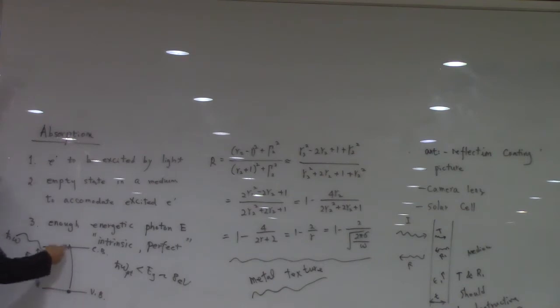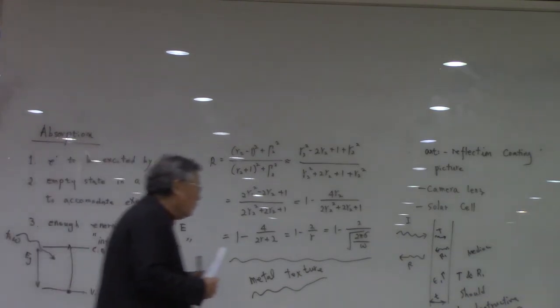That is sufficient because the band gap in a semiconductor is, in the silicon case, 1.12 electron volts, something like that. So the light can excite the electrons in the valence band to the conduction band, and by definition, if it is a semiconductor, the conduction band is less than half filled, right? So these three conditions can be met. And if the semiconductor has a small band gap energy, then every light can be absorbed.